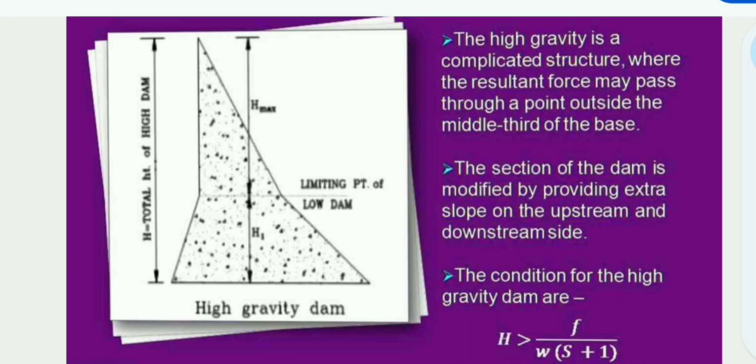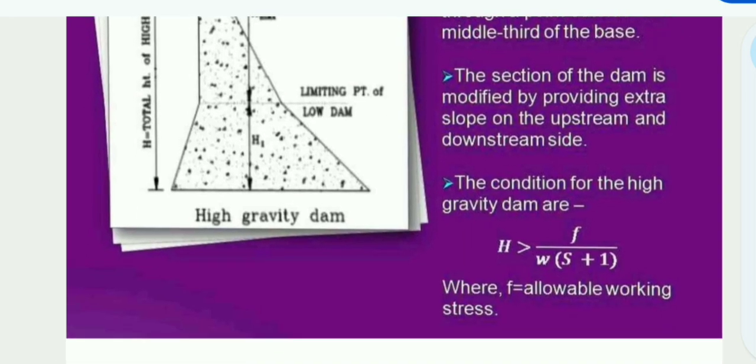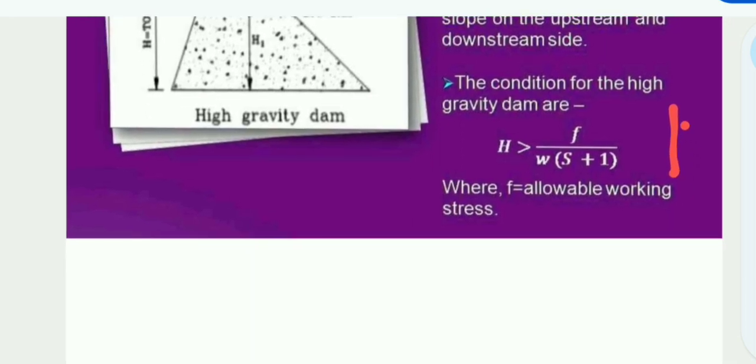The condition of a high gravity dam is H greater than F upon (W into (s plus 1)), where F is the allowable working stress. This formula is very important.